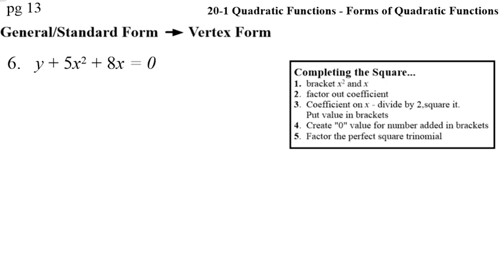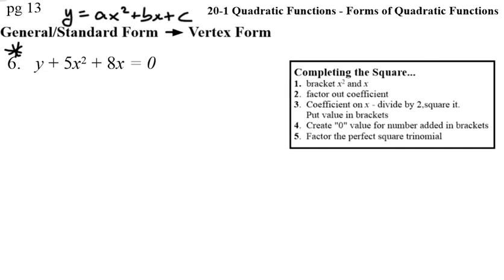Here we go with number 6. Number 6 I want to talk about because it starts to get a little ugly because there's some fractions in it. Now, also number 6. This only works if we have standard form. And remember, standard form is y equals ax squared plus bx plus c.